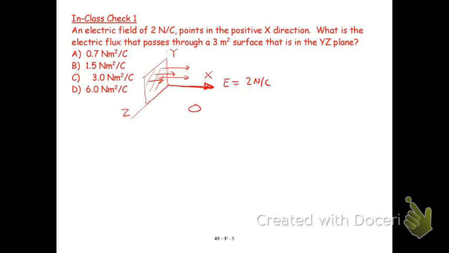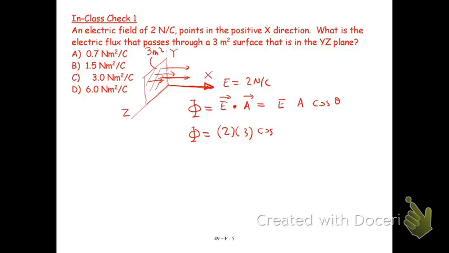I say my flux is equal to, and we might as well just learn it, E dotted with A, which equals the magnitude of E times the magnitude of A times the cosine of the angle between them. And I look at my diagram and I say, well, this is 2, and that area there is 3 square meters. That's 3, and it's the cosine.